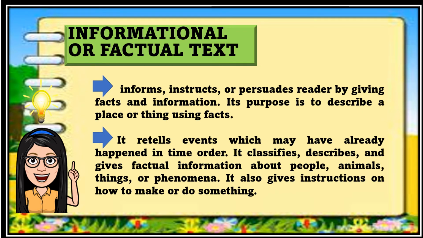Its purpose is to describe a place or thing using facts. It retells events which may have already happened in time order. It classifies, describes, and gives factual information about people, animals, things, or phenomena. It also gives instructions on how to make or do something.